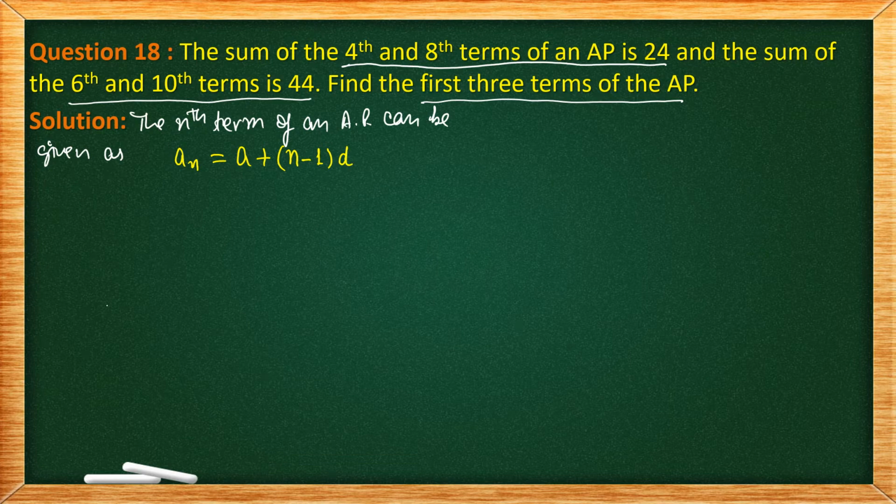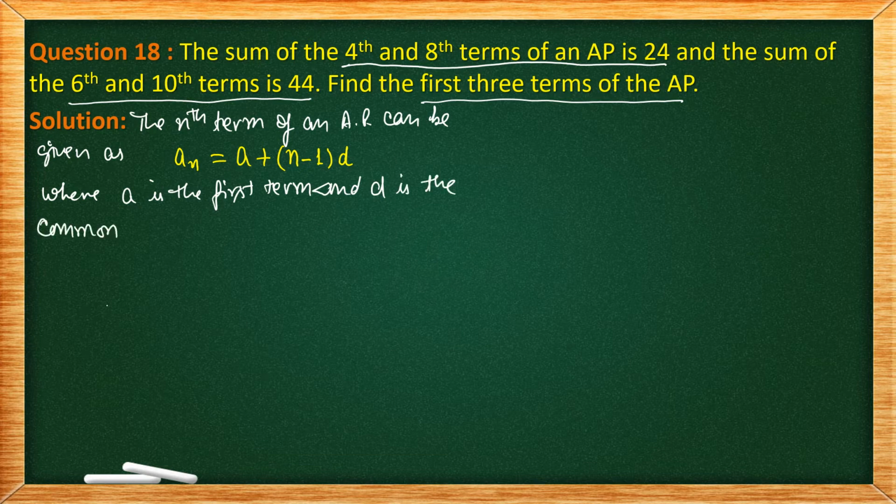This is also called the general term, where a is the first term and d is the common difference of the AP.